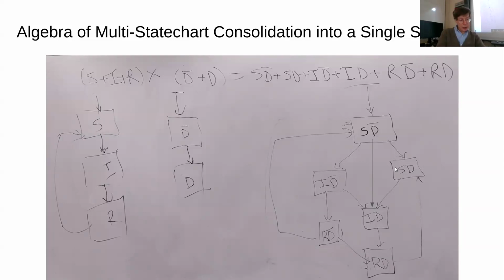Now, this information within the state chart here to the right characterizes the same information as these two state charts here. It characterizes the possibilities. It characterizes the transitions amongst those possibilities. But it does so in a somewhat more verbose way.